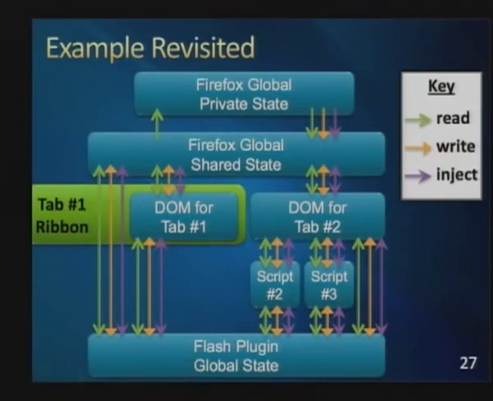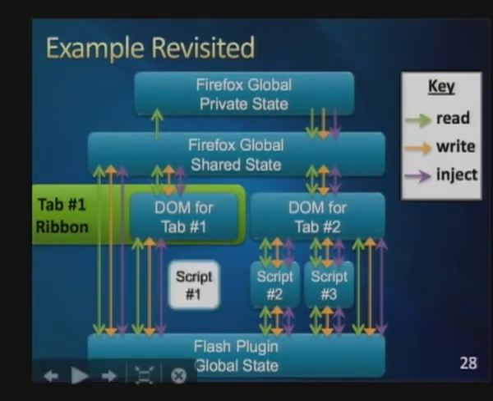All right, so take this tab number 1 ribbon. It's loading the page. It knows it needs to create a Flash plugin, so it's going to create a new protection domain for this Flash script on this tab. So what does it want to do? First, it wants to acquire privileges on this new protection domain.